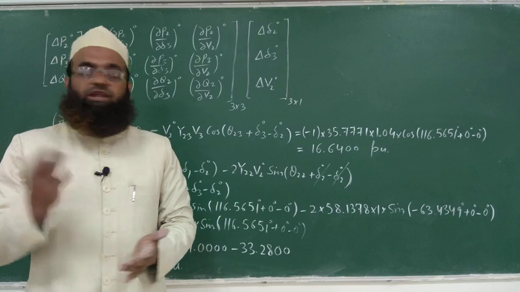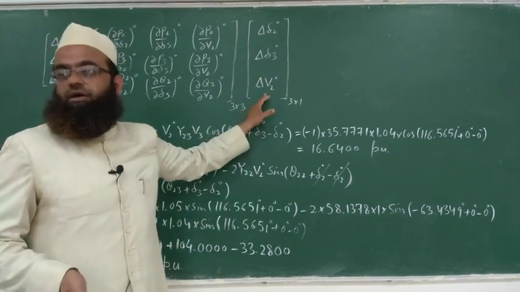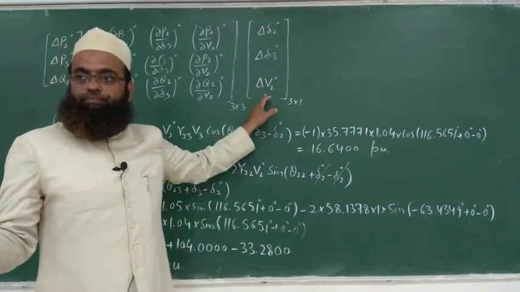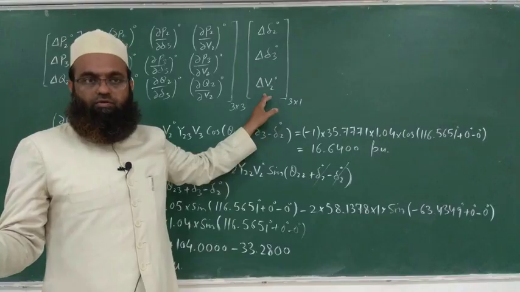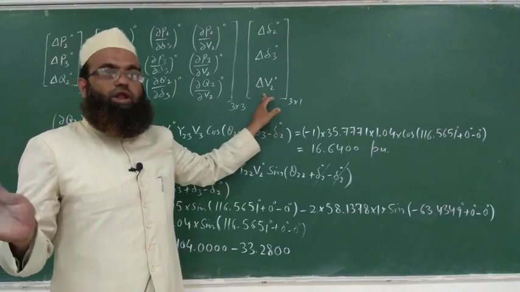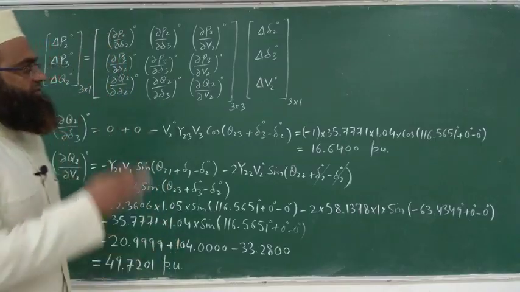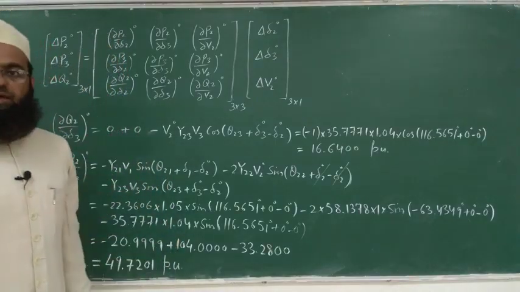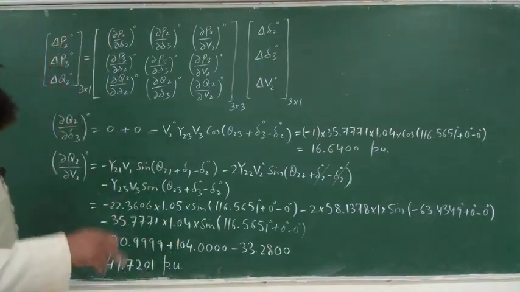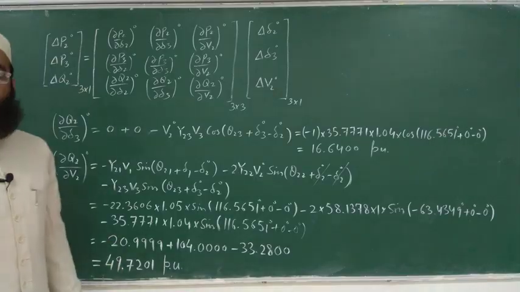Thus the 3 variables will get updated. So what about the fourth variable, Q3? We are having 4 variables, right? Now Q3 will be calculated by putting the updated values of the variables and parameters in the expression of Q3.